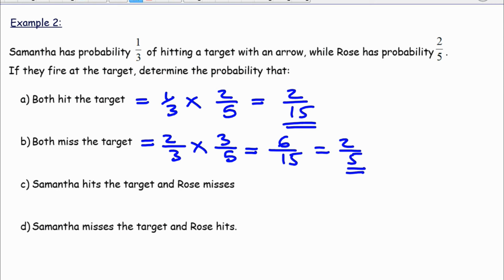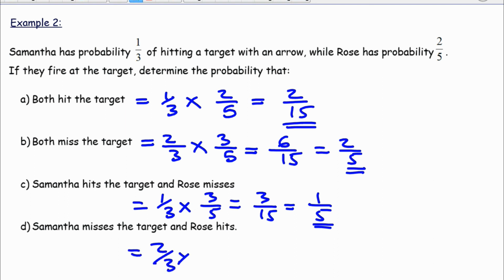Samantha hits the target and Rose misses: that will be equal to a third multiplied by Rose missing the target, 3 over 5, which is equal to 3 over 15, which can be simplified to a fifth. Samantha misses the target: that will be 2 over 3 multiplied by Rose hitting the target, which is 2 over 5, which is 4 out of 15.